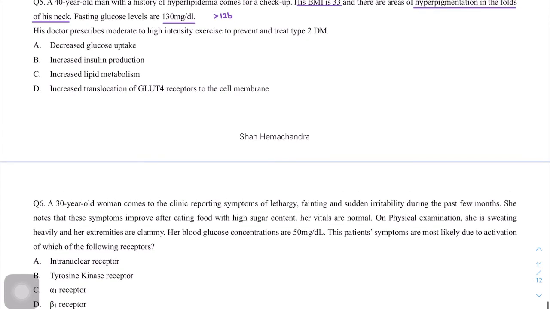His doctor prescribes moderate to high intensity exercise to prevent and treat type 2 diabetes mellitus. So how does that occur? It is definitely not this. This is what we want. No. Increased lipid metabolism, no. This is what happens: we need to move the glucose from blood into the cells.